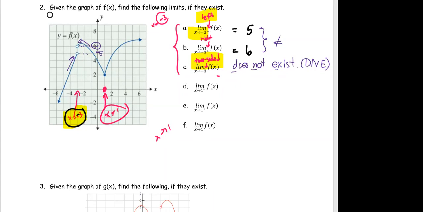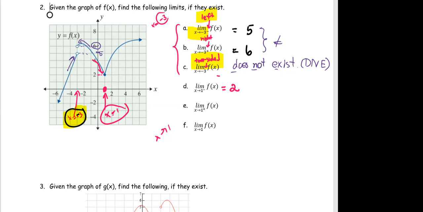Now part D, coming from the left because of the superscript negative sign, we look at the left part of the graph. Think about the trend of the graph. What value is the function coming toward? The value would be 2, correct? Yes.